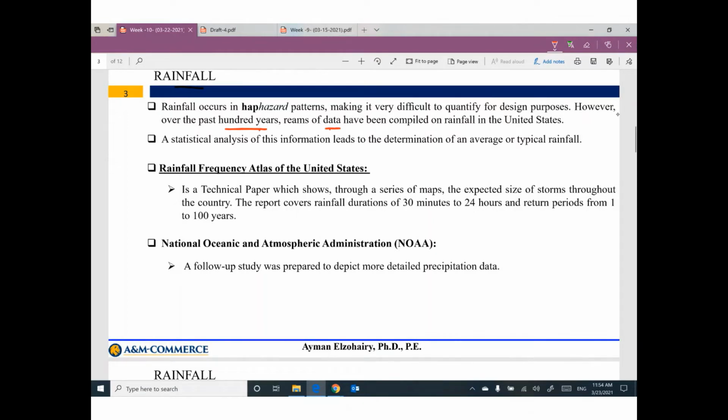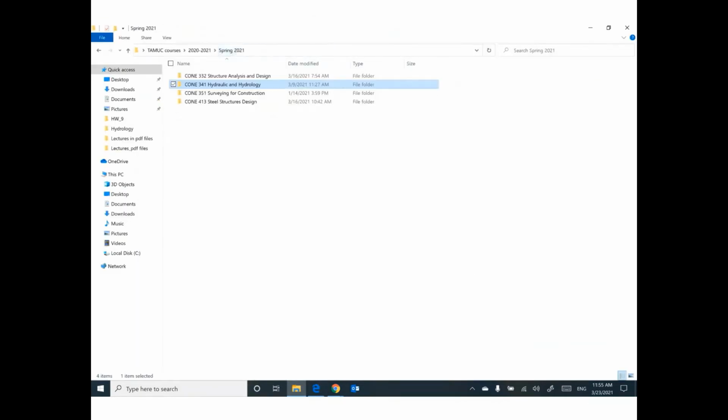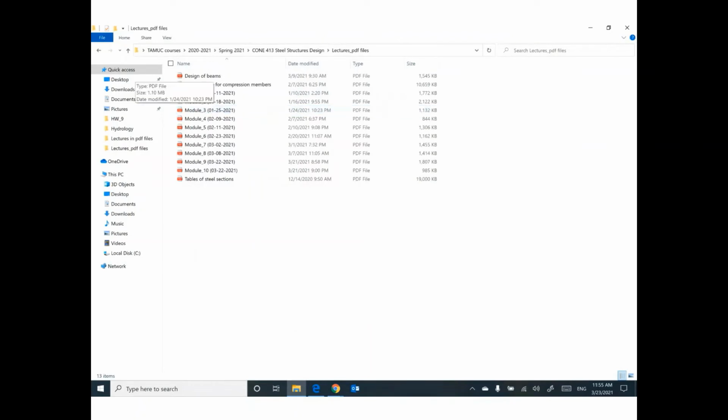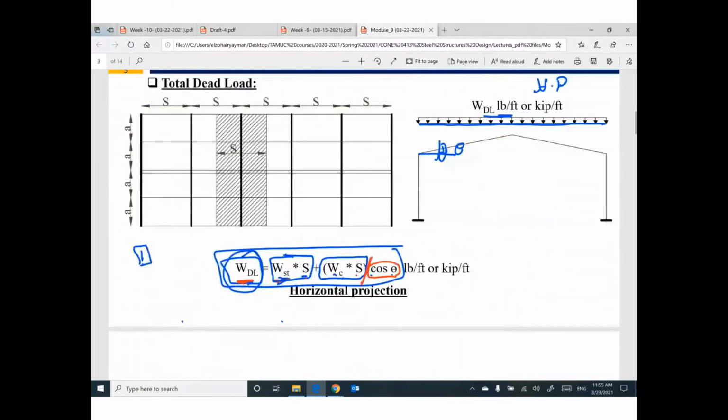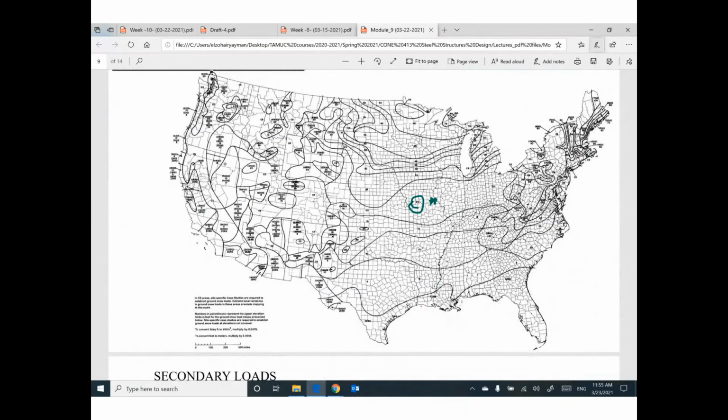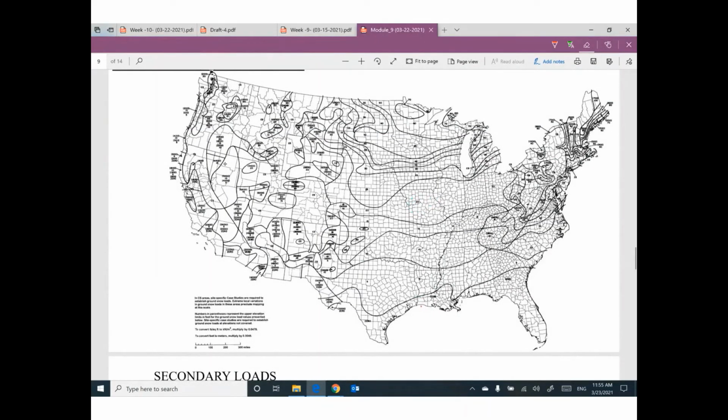So statistical analysis of this information leads to the determination of an average or typical rainfall. Actually, we have an atlas for the United States. This atlas looks like this. I will show you something, but this atlas is related to snow, not to rainfall. We have a map for the United States.